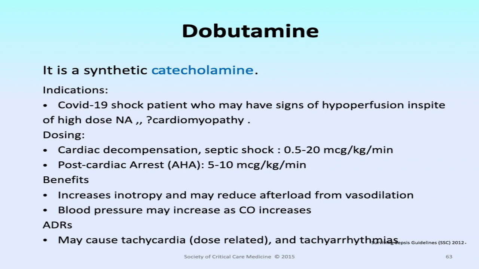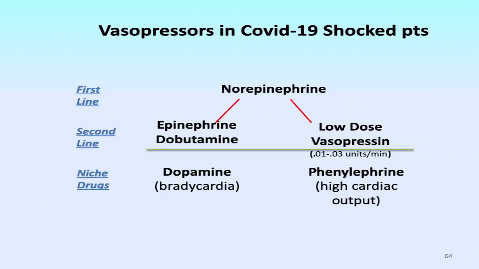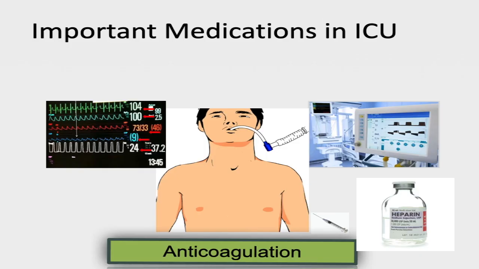So dobutamine could be the best choice here with this dose. So as a summary, norepinephrine is the first line. If no avail, you can go with low dose vasopressin. This has a synergistic effect with norepinephrine. And then the second line could be dobutamine if you have signs of hypoperfusion.